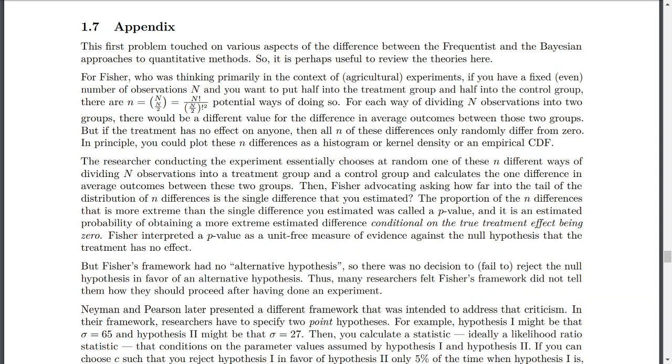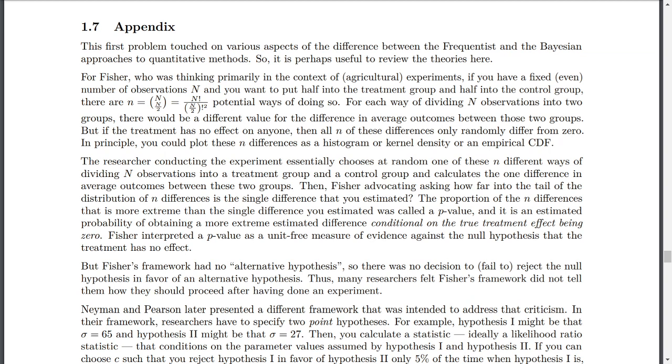So if we go back to Fisher, and again remember that Fisher was thinking primarily in the context of agriculture experiments, and it'd be kind of crazy or a coincidence if Fisher's framework for things would be as appropriate for agriculture experiments as it is for social science, even though social science wasn't invented until much later.